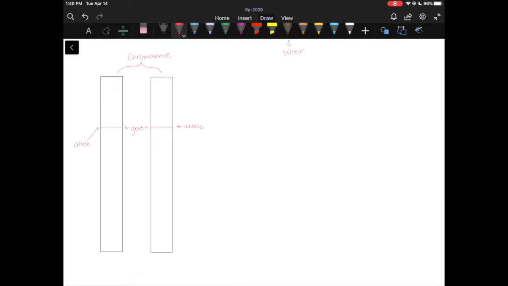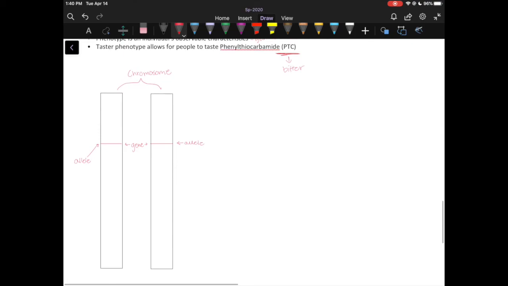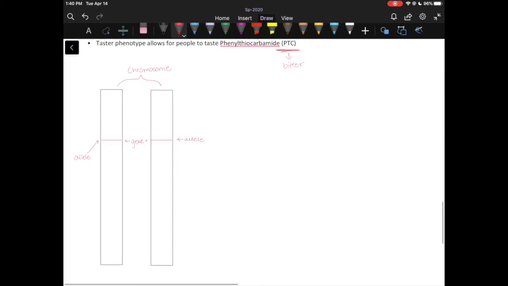So how this works is you have your chromosome that has the gene for our PTC receptor, which is shown here in the red. So that's going to code for that protein, for that taste receptor.